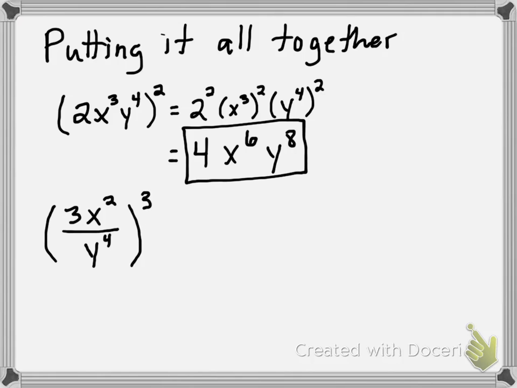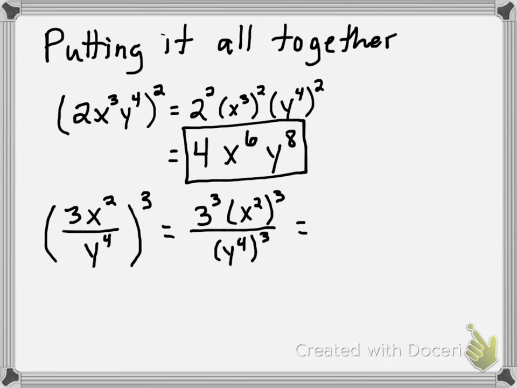Okay, so I start off giving everything the exponent. So I have 3 to the 3rd power times x squared to the 3rd power divided by y to the 4th power raised to the 3rd power. Okay, so now I can simplify.